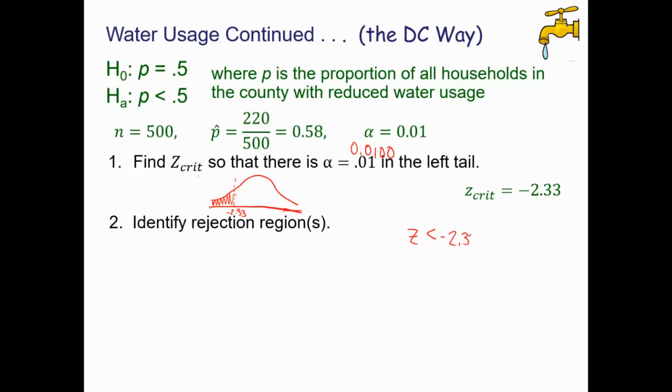That's right, I got you. So that's when we'll reject.